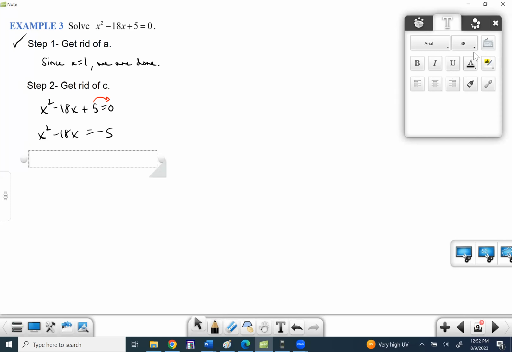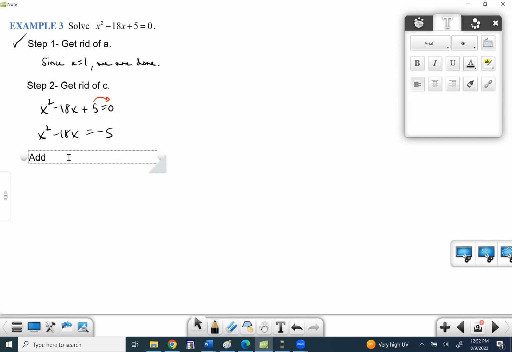All right, step 3. This is when we add 1/2 of b squared, right? Add 1/2 of b squared. This doesn't have a space to write it. You know what? I'm just going to leave a space.